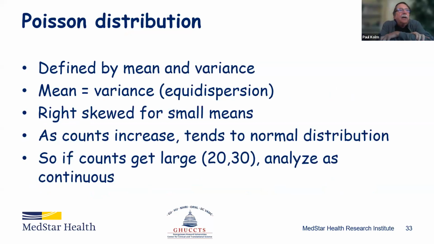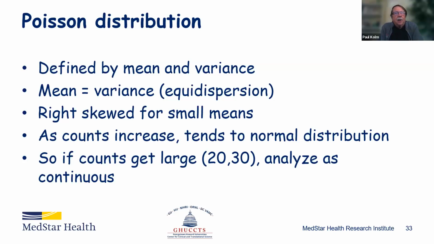And if we have a true Poisson distribution, then the mean equals variance, and we call that equidispersion. However, in medical data, often it's not equidispersed, and so often it's right skewed. However, as the counts increase, the Poisson distribution tends to be normally distributed.